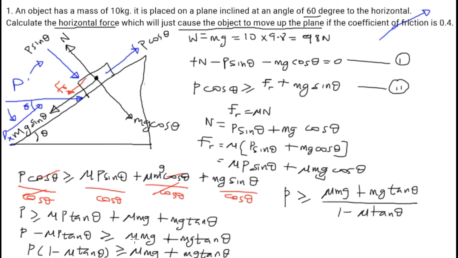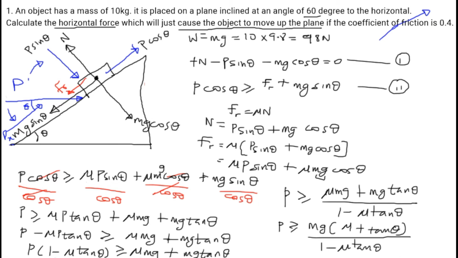I got this inequality by dividing both sides by 1 minus mu tan theta. For simplicity, mg is common to both terms of the numerator, so I will have mg times mu plus tan theta upon 1 minus mu tan theta.